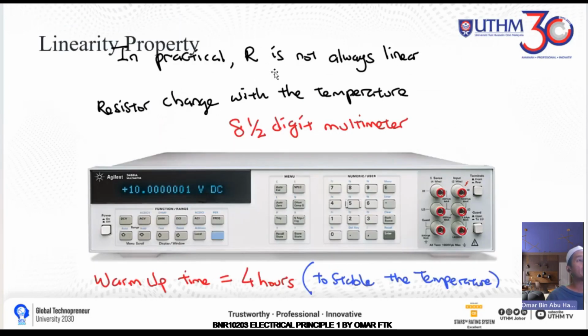So in practice, R is not always linear. The resistor changes with the temperature. So the value of the resistor will vary with the temperature. That's why when you give a certain amount of current into your circuit, you have to wait for a certain time to get your component warm, and then you will get a proper value.